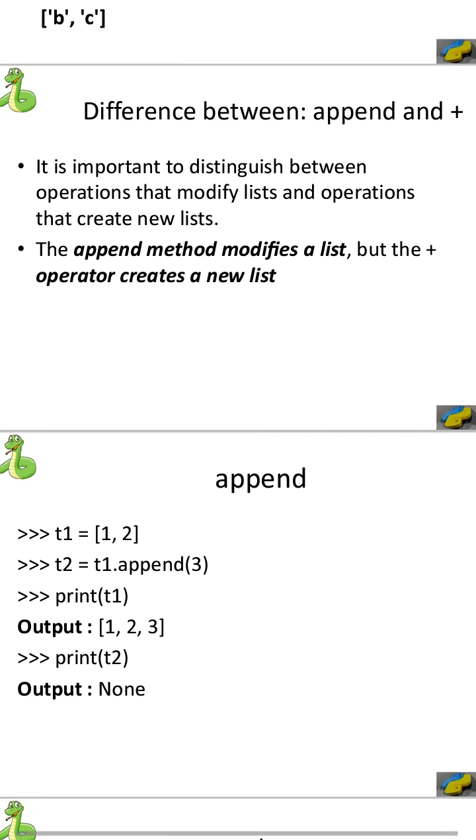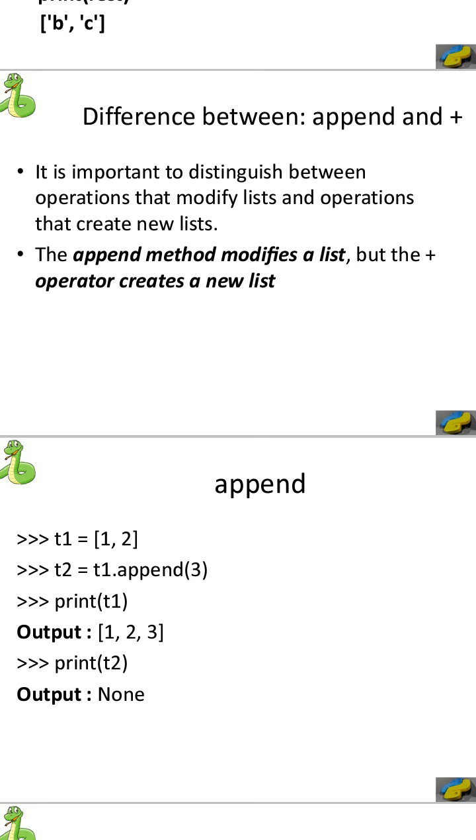What I mean to say is, whenever I use the append function to add elements, it will modify the original list. It is not going to create a new list. It will insert the value in the same original list.